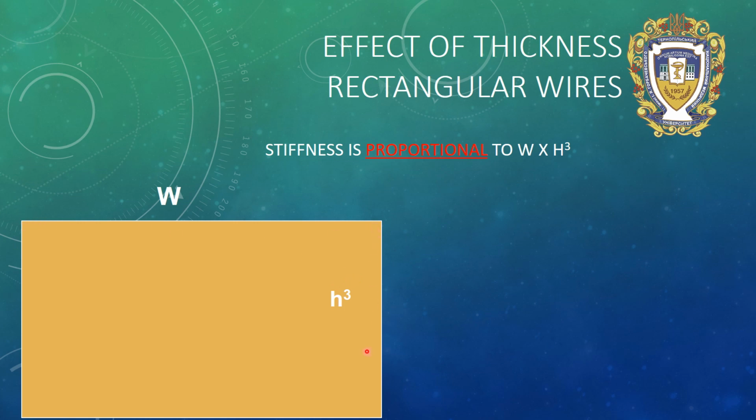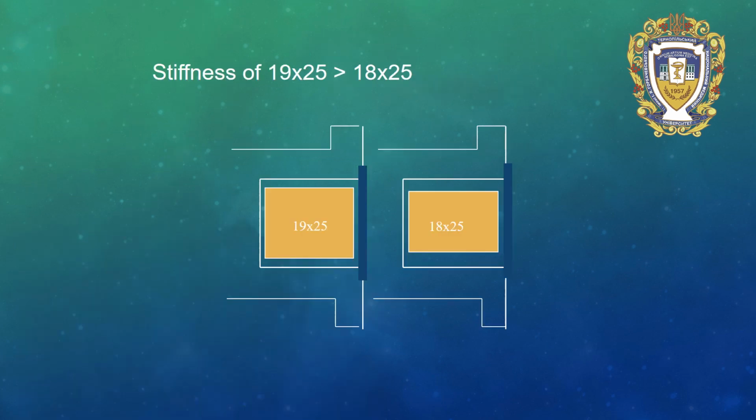Width and height, shape, and you need to understand that the stiffness of size 19 to 25 is more than the stiffness of an archwire with size 18 to 25.